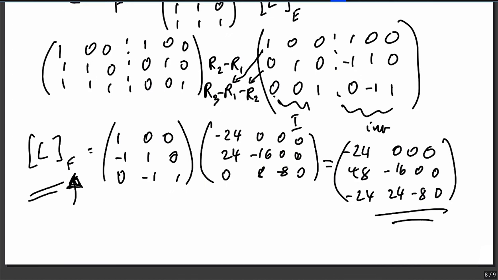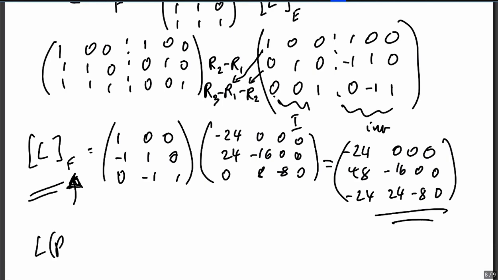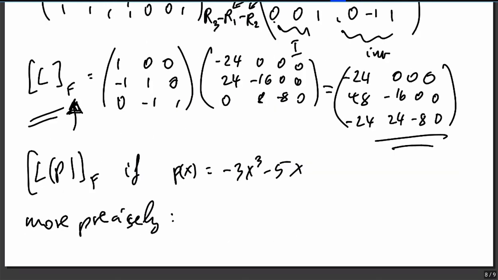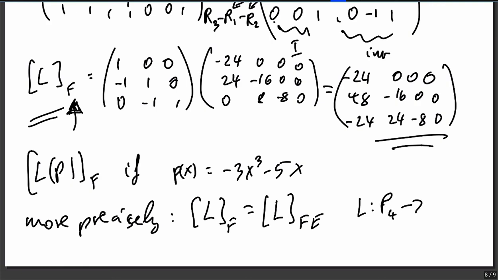The nice thing is that if you want to calculate LP in the F basis, if P of x is minus 3x cubed minus 5x, what we calculated here is really the representation from E to F, since L is from P4 to P3.